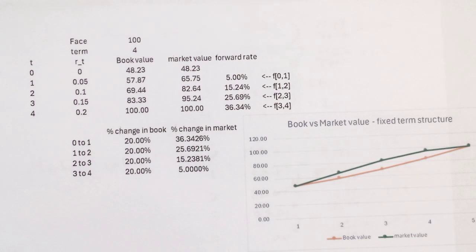If the term structure is static, the discrepancies between book value and market value are stark. But if the term structure is dynamic, then these will change. The higher the market rate versus the original book rate, the present value of the payments gets lower. Lower yield means a higher present value. I don't have to hold on to this for the entire time.